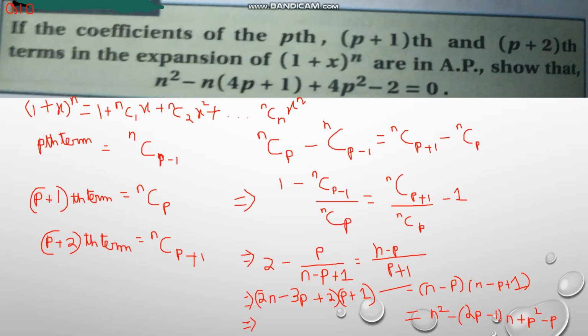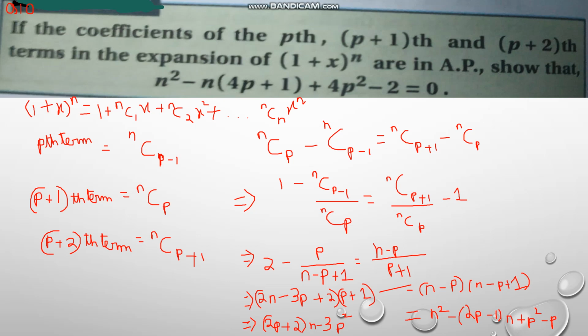We first find the n terms here. (2p plus 2) whole multiplied by n will be there. Then all constant terms remain. Now this will be minus 3p square.